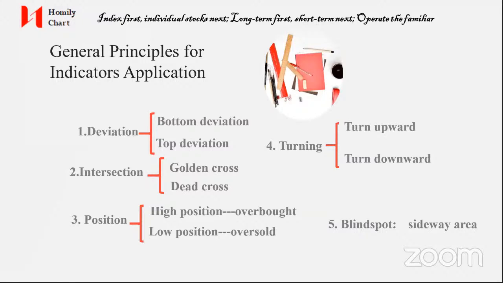We get a microphone pattern, right? And also for moving average, you can set some condition. The moving average turning upward, right? Also can check. This is the fourth principle.